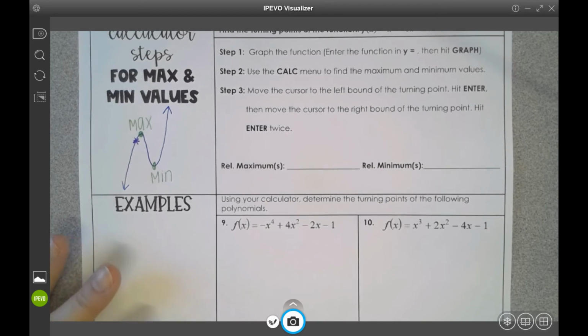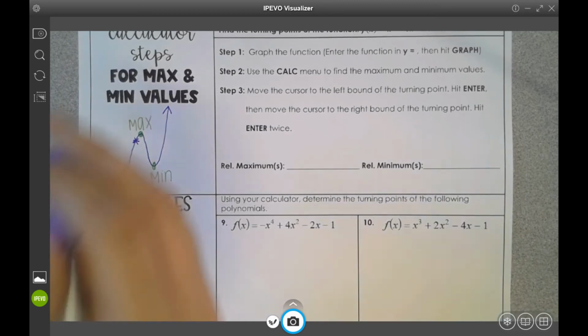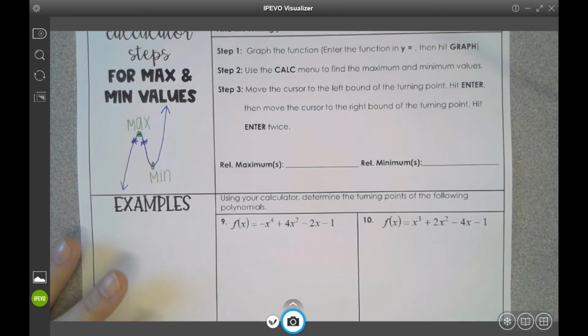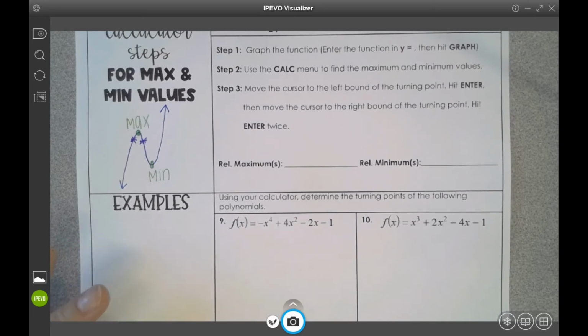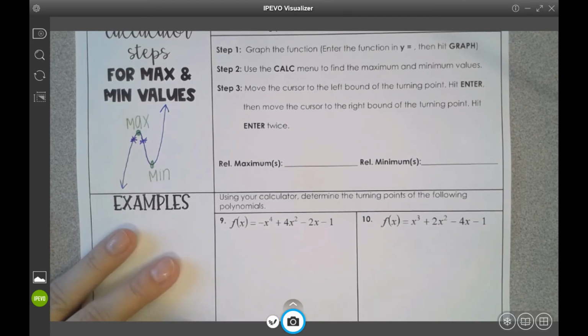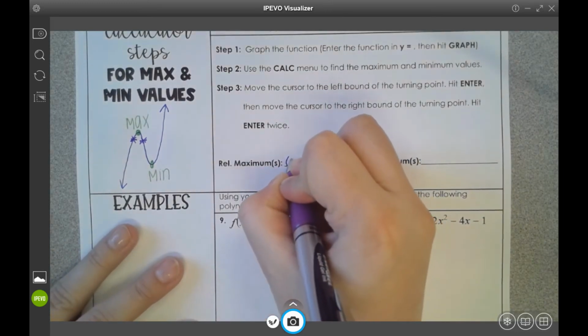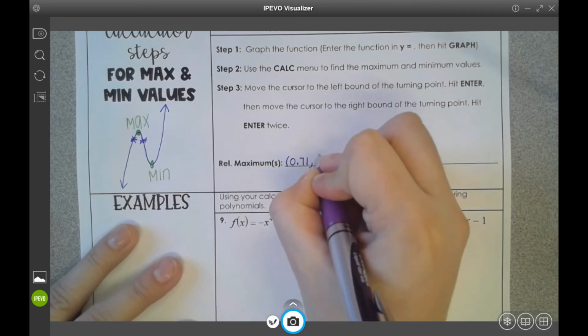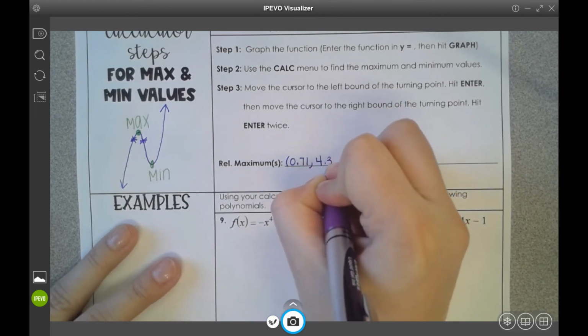So use your cursor to go over just a little bit, maybe right there, just to the right of it, and hit enter. And then it wants you to guess. I don't know why it wants you to guess. You don't even have to move it. Just hit enter again. And it tells you that the maximum is the point 0.71, 4.3.